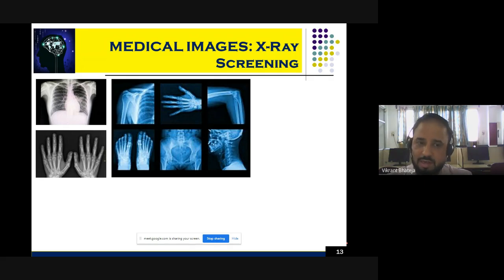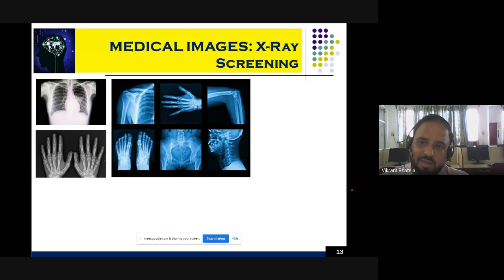Now, this is the kind of X-ray images we are talking about, and you can see X-ray images of different parts of the human body. Maybe hands, legs, elbow, some spinal region, or the chest region. For breast cancer detection, the very initiating modality for screening is mammography, or mammograms.